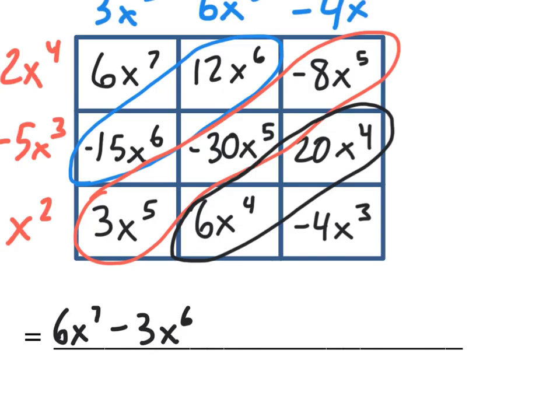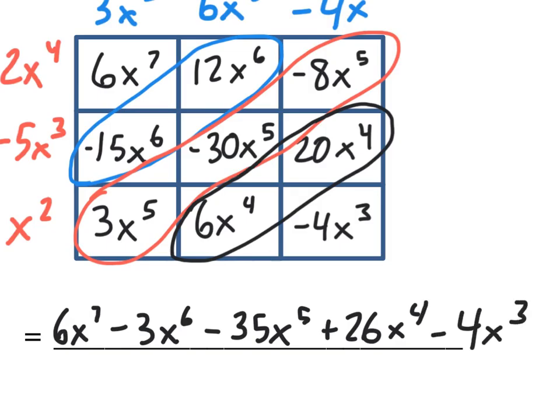And then negative 38x to the 5th plus 3x to the 5th is negative 35x to the 5th. And then 20x to the 4th plus 6x to the 4th is 26x to the 4th. And our last term is negative 4x cubed. And this is our final answer.